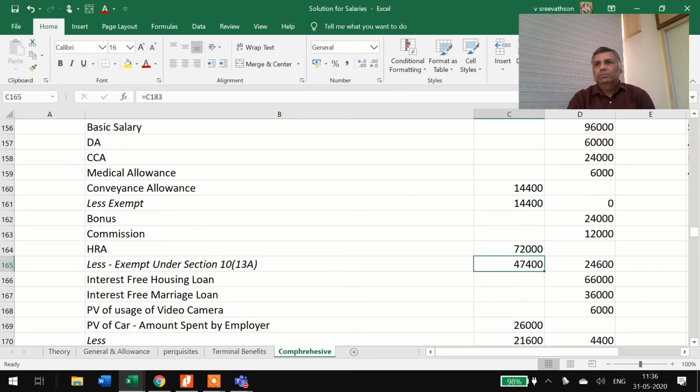Sir, that commission, if it is expressed as a percentage, will we be considering it in salary, right? For HRA computation, the wording should be as a percentage of turnover.